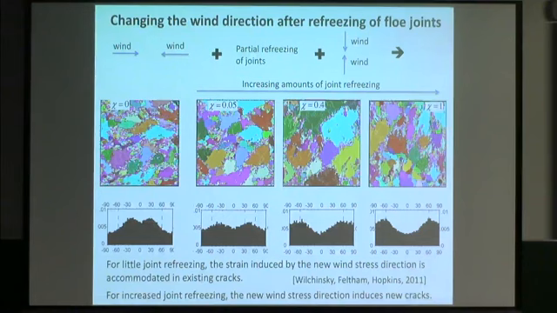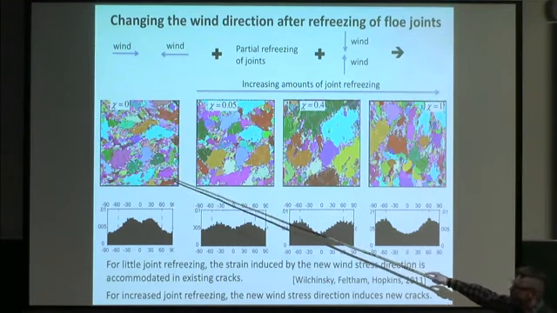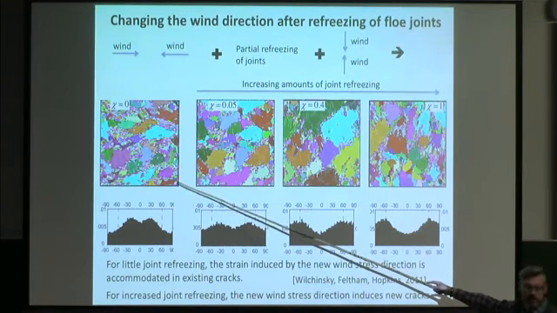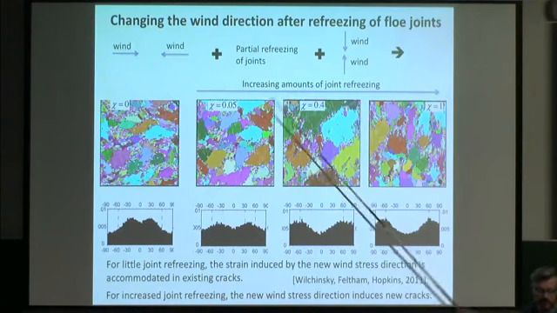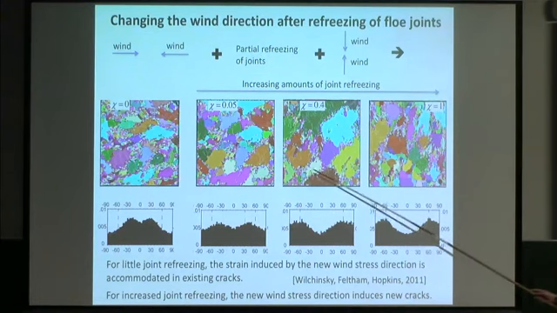Another numerical experiment we did was to blow the wind in one direction, let the cracks form, okay, then turn the wind off and let the joints between the floes start to heal, start to refreeze. And for various degrees of refreezing, we turn the wind back on, but this time in an orthogonal direction.